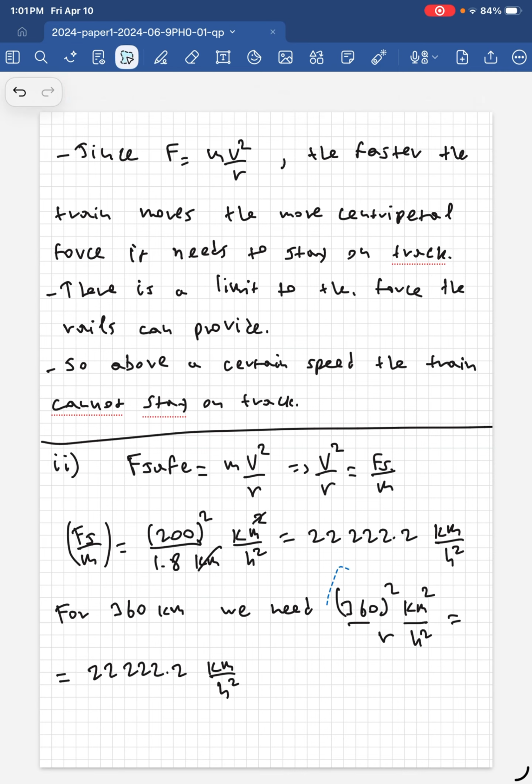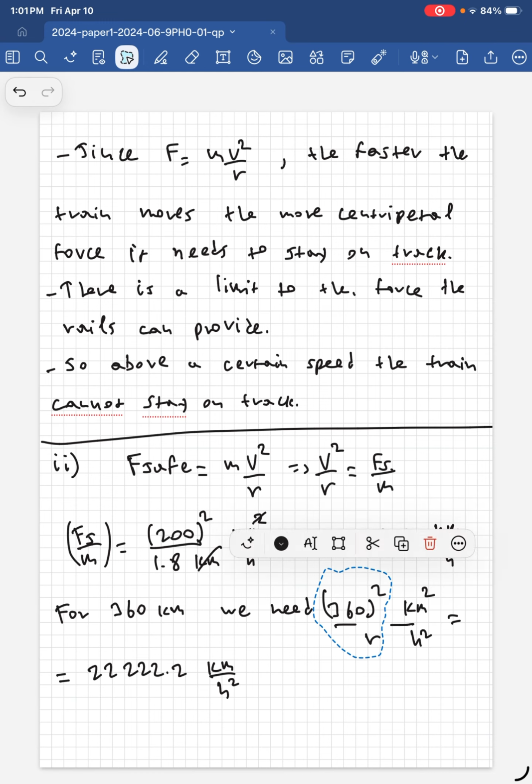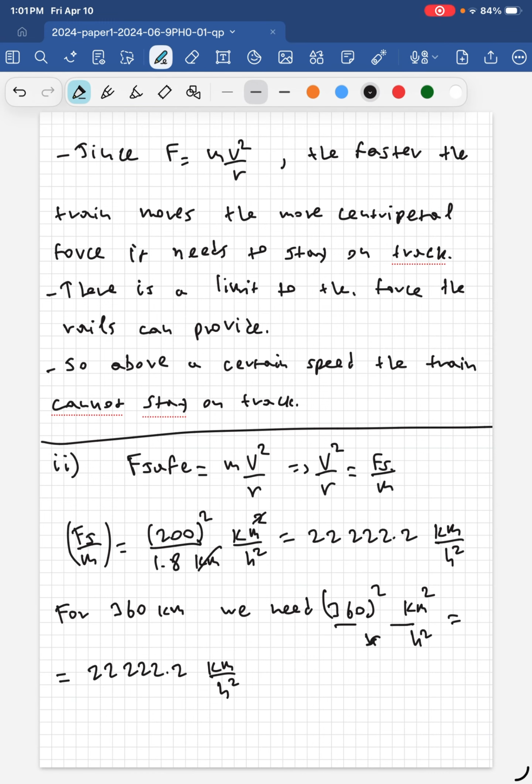So this part is the numbers. Okay. So let me delete this and that. So kilometers per hour. So this is r. Okay. So hours cancel and kilometers cancel. Okay.